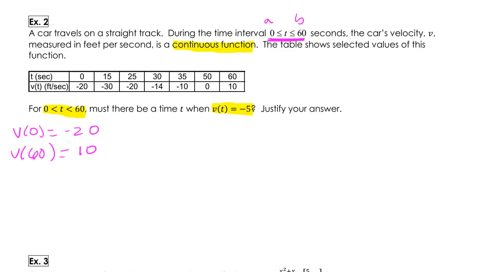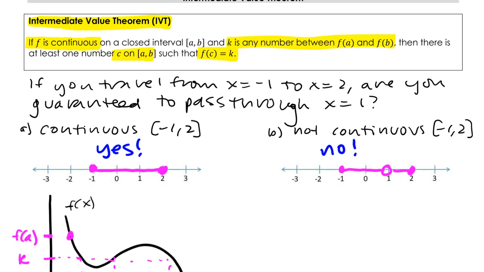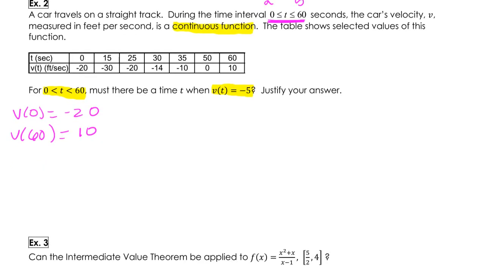Okay, what's the first part of the theorem? We're going to go back up and look at this. It says if f is continuous and K is between f of A and f of B. So we need to say, yes, we have that condition. So we're going to say since V is continuous. Sometimes I make the mistake, I'm so used to using f, I forget to use the function I'm dealing with.